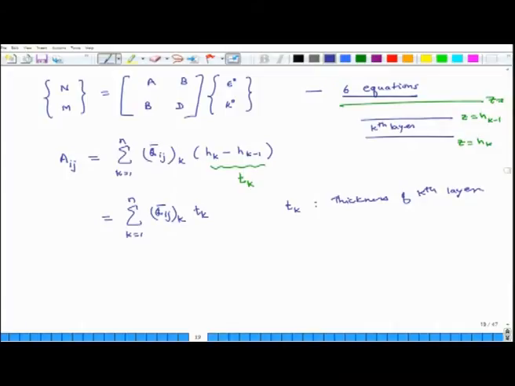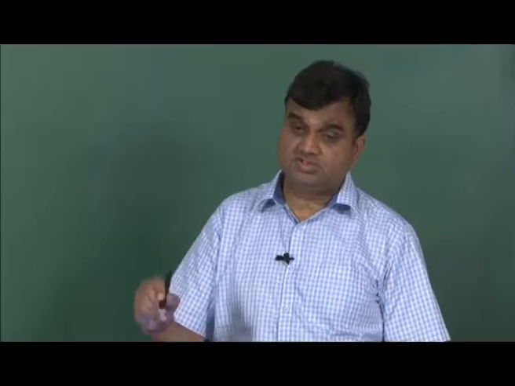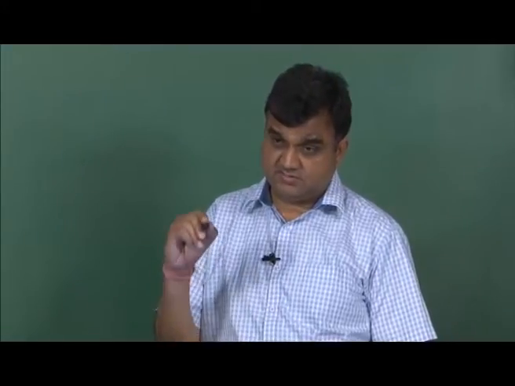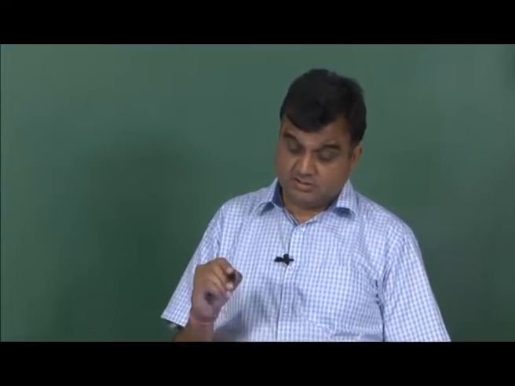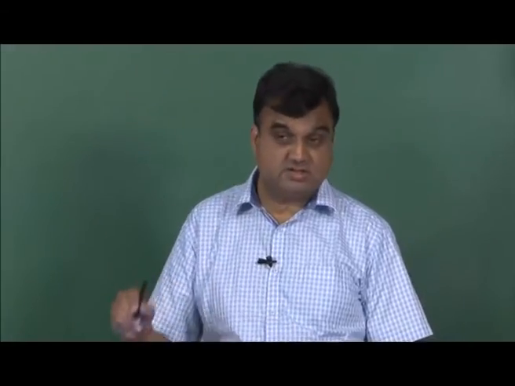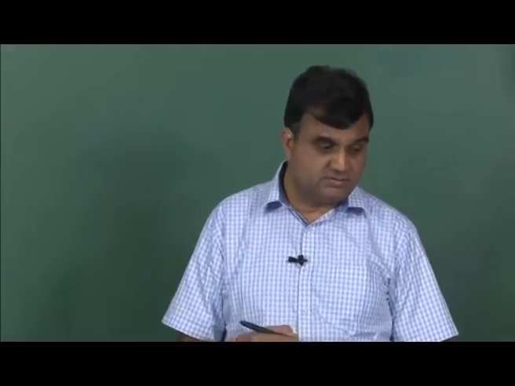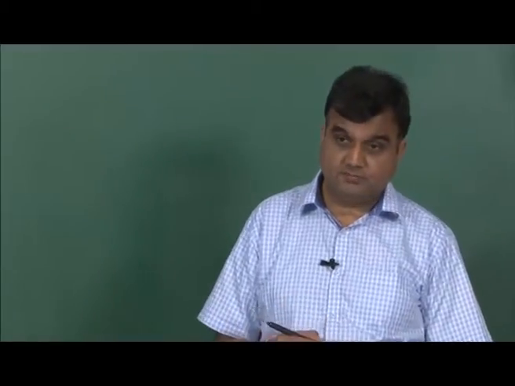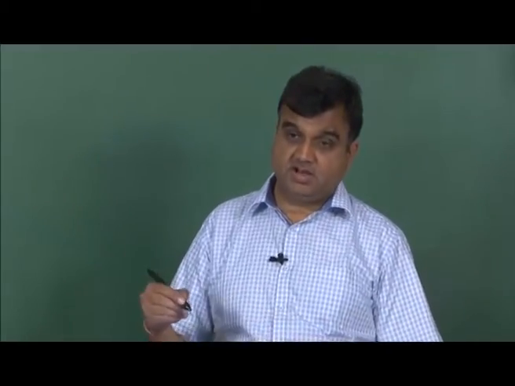The point is that Qij is positive, and typically Q11, Q22, Q66 are always positive numbers. So, in that case A11, A22, A66 will always be positive. Same thing is also true for Q12. Q16 could be negative.